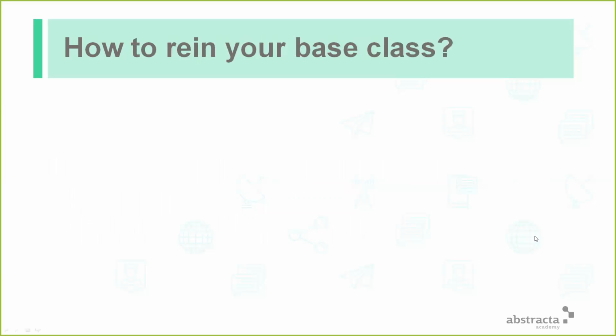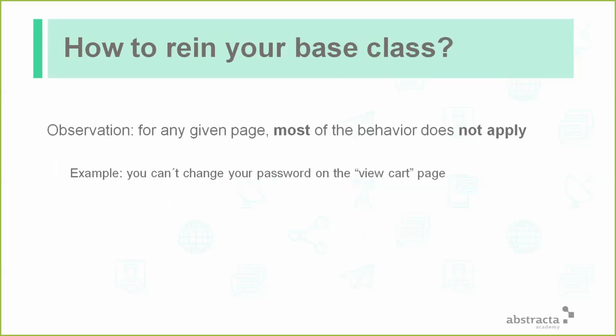So how do we tame your base class, because it starts getting really big? You have to pay attention and check that for any given page you have, most of the behavior in the base class doesn't apply. You have your page, your base class, and methods that you can use in your page.